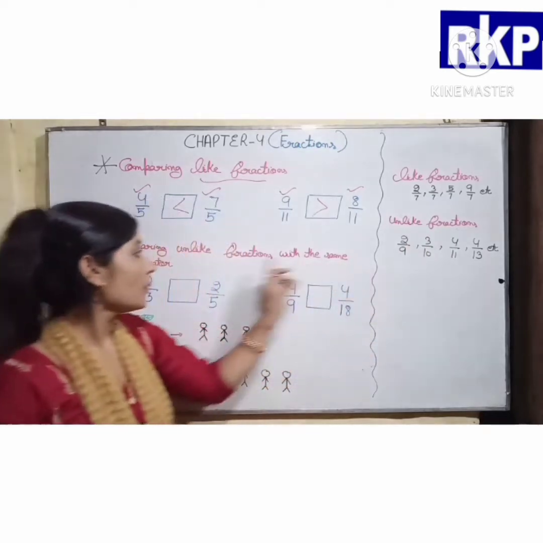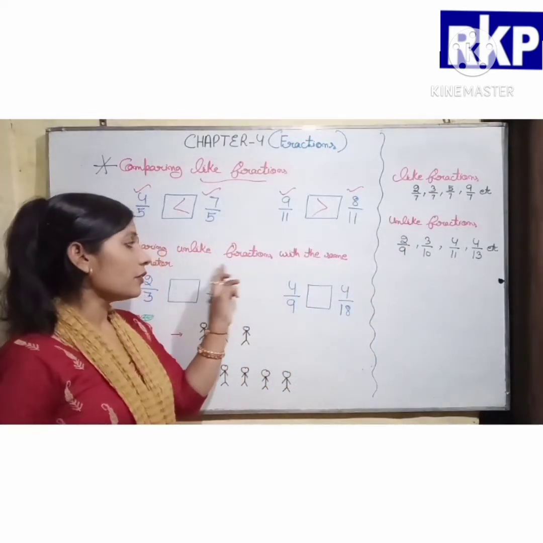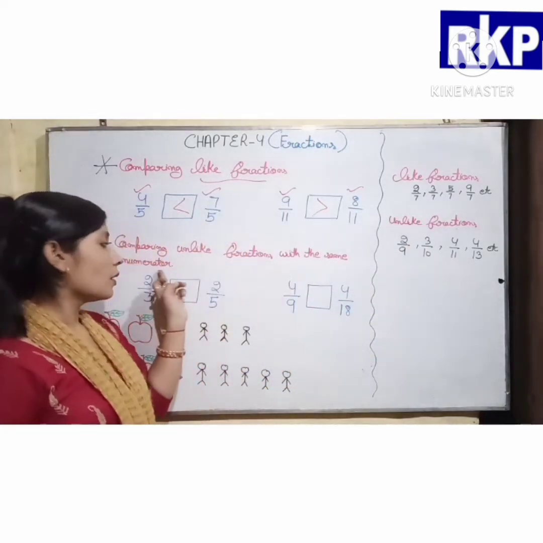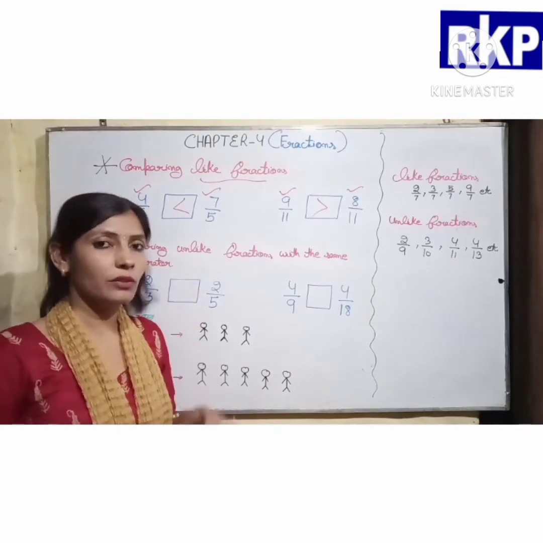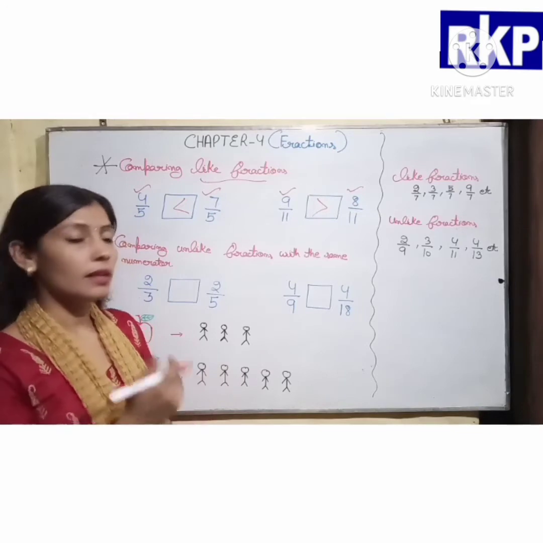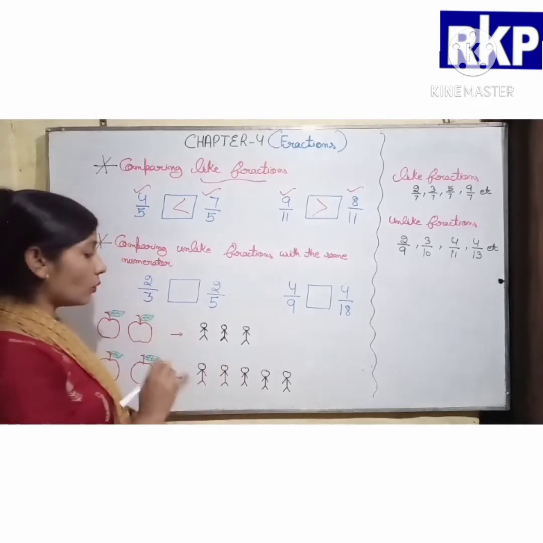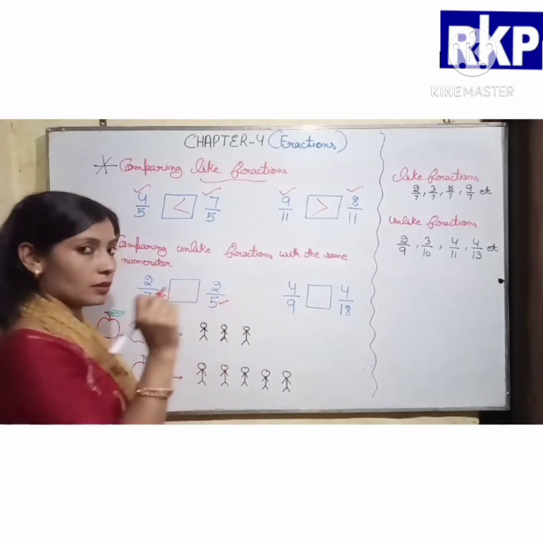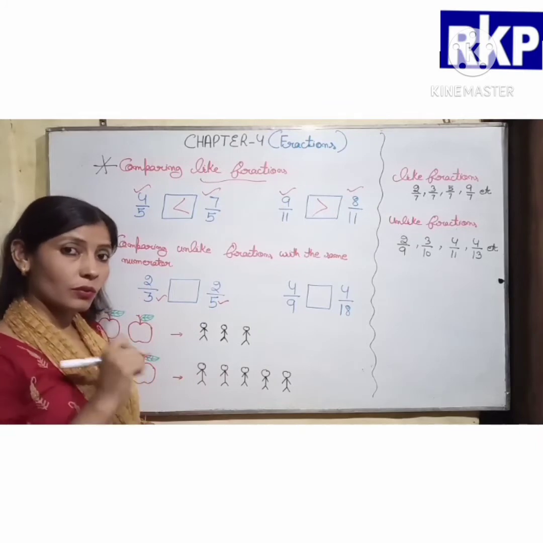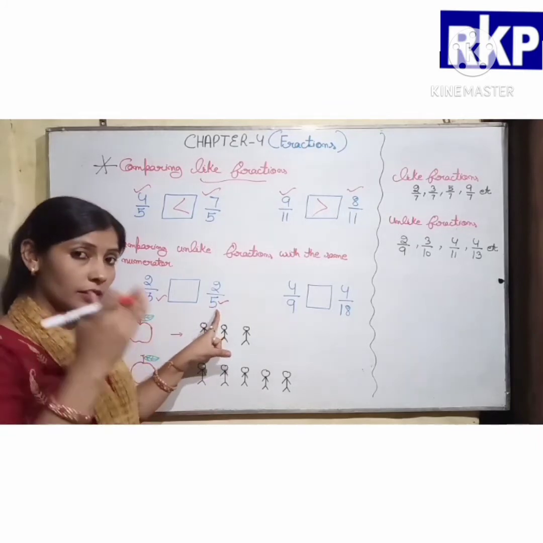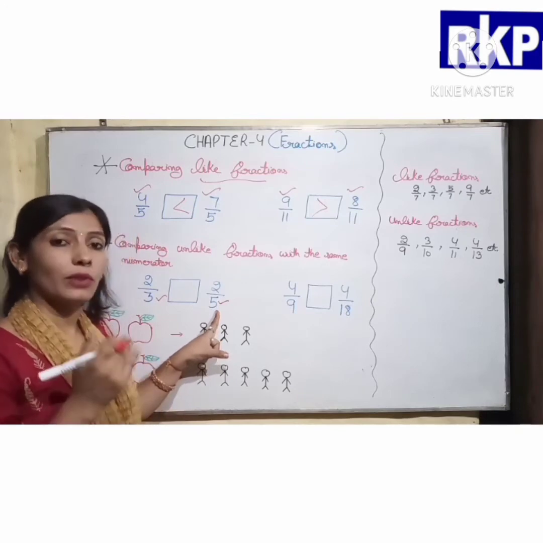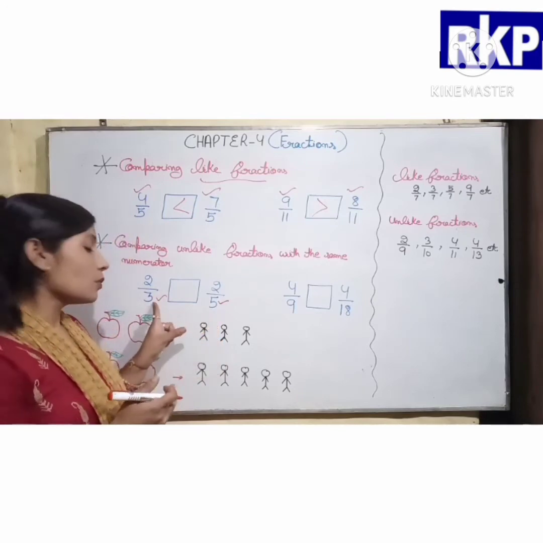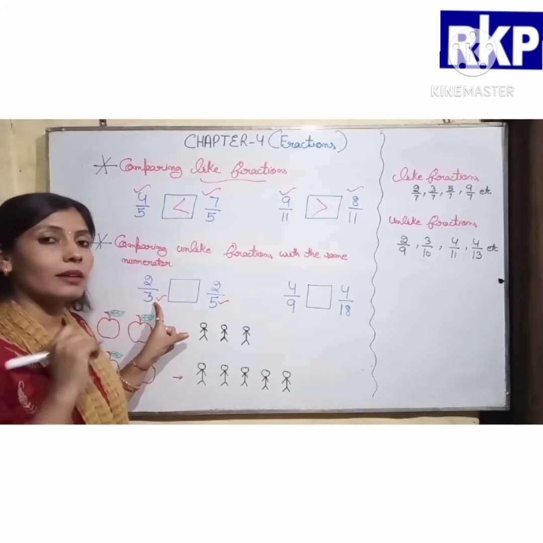Now let us compare unlike fractions with the same numerator. If we have two unlike fractions with the same numerator, then we have to check only the denominator. The fraction with the greater denominator will be smaller, and the fraction with the smaller denominator will be greater.